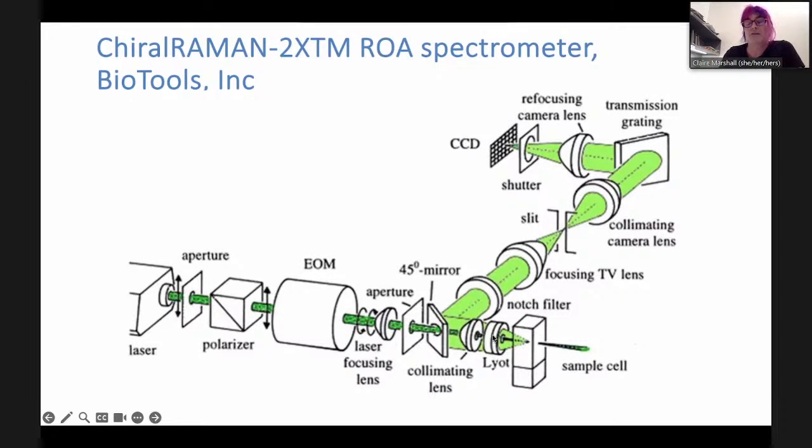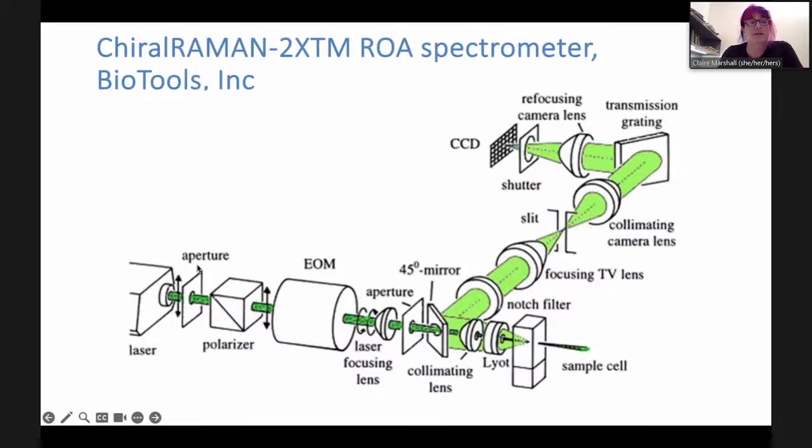The sample cell is located here, and we do collect in 180 degrees backscattering. That's the most efficient way for ROA spectroscopy. And we put in a polarizer and this electro-optic modulator, so we're getting a huge drop in incident laser light intensity because of these two optics.